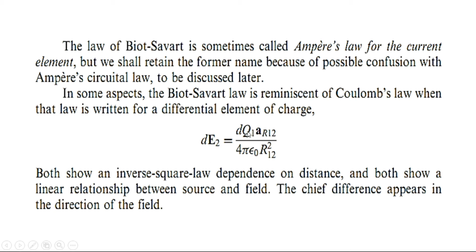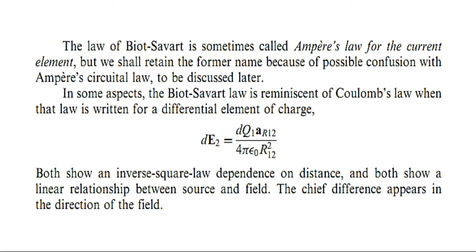Between the source and the field, the chief difference appears in the direction of the field, because the electric field intensity is along the direction of the force, parallel to the force.